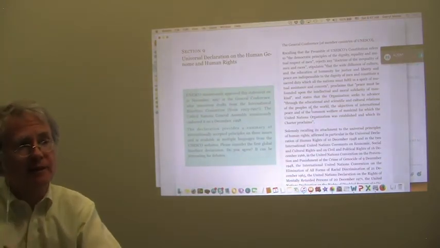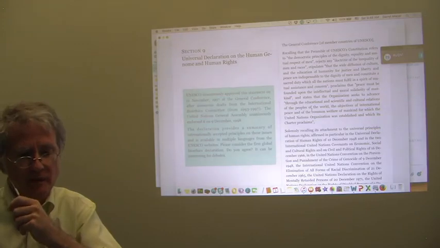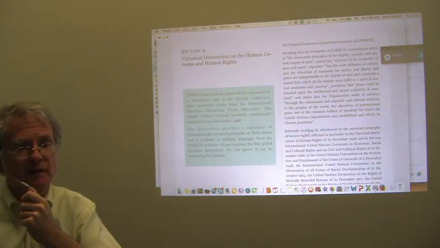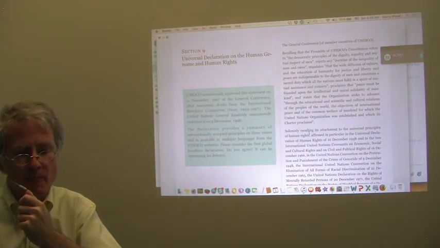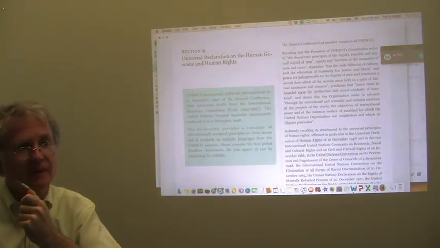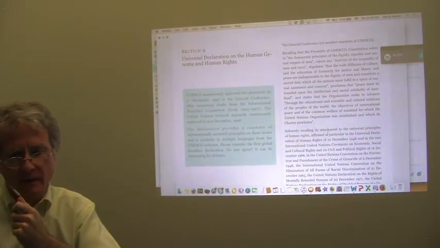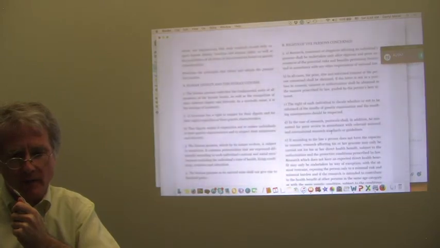Okay, so the Universal Declaration of the Human Genome and Human Rights was an international consensus statement. It has a preamble which I won't read through at the moment.